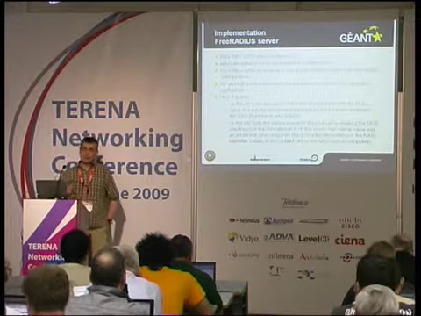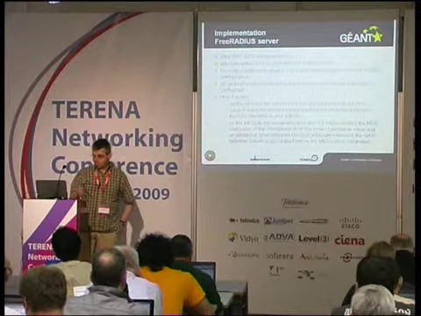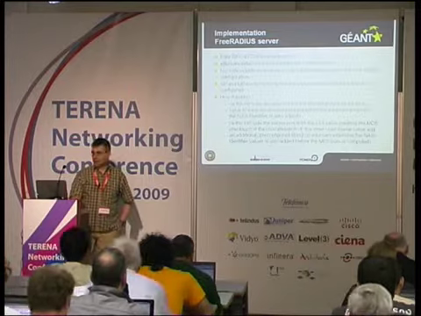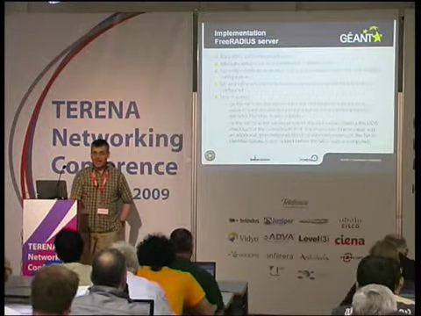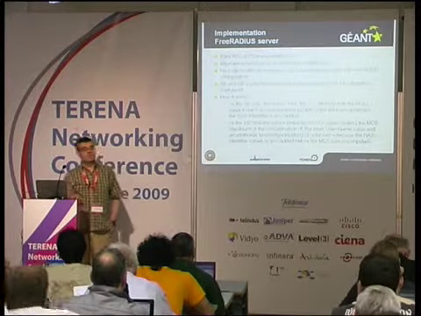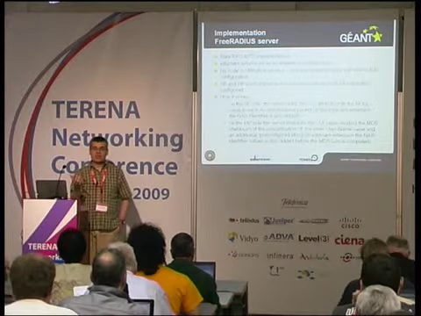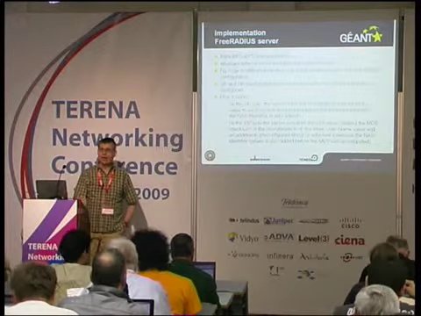In eduroam, we add one extra condition. To the access request, we add one extra attribute, the NAS identifier, and the value of this attribute should be a handle to the institution.